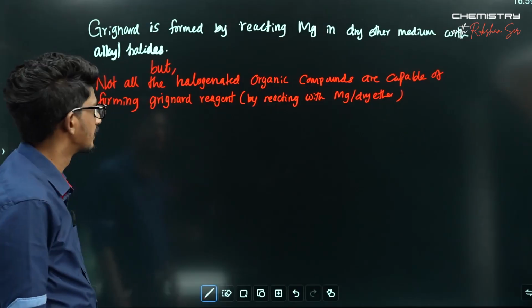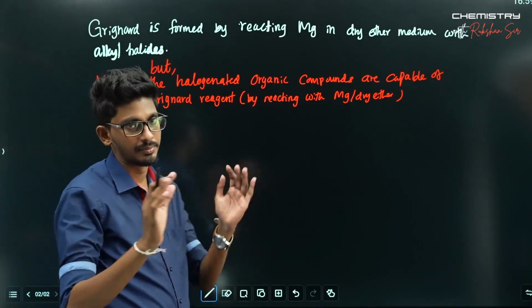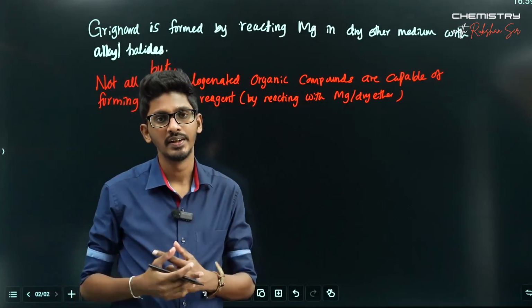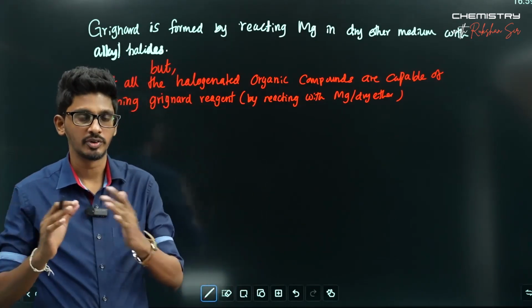Yes, a Grignard can be made from alkyl halides when reacting with magnesium in dry ether, but not all halogenated organic compounds are able to do so.